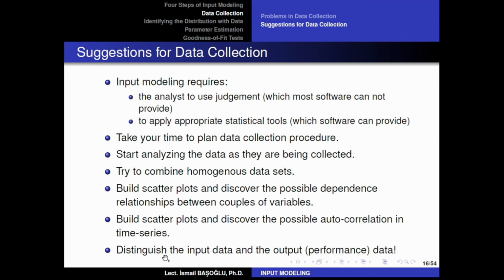And remember now, the most important suggestion: you need to be able to distinguish what is input and what is output. So I'm going to explain this with an example. My friends, in a supermarket, the arrival times of the customers are an input because the customers are coming from outside the system, and whatever policy you change, the arrivals usually do not change.